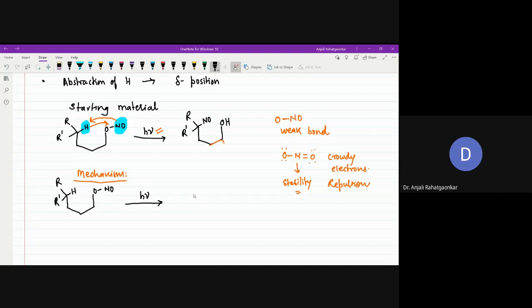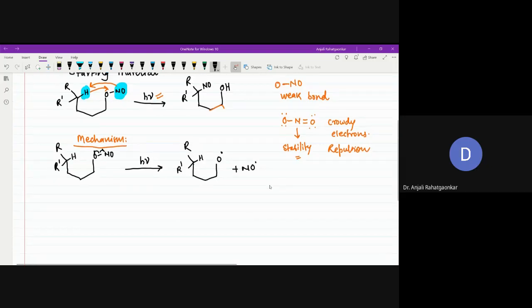So that's why there will be an immediate cleavage over there, and you will get the formation of oxo and nitroso. Now again, as we know, the oxo radicals are also very reactive, right? Where did we see this? We saw it in the Paterno-Büchi reaction, that oxo radicals are very reactive.